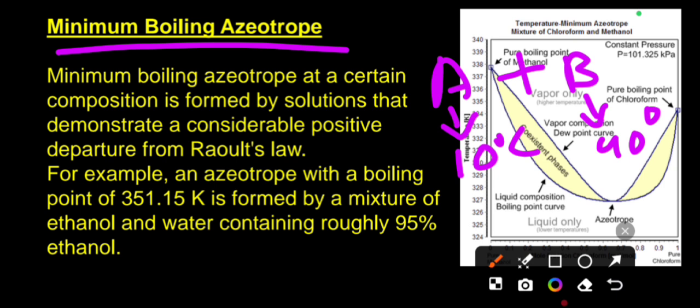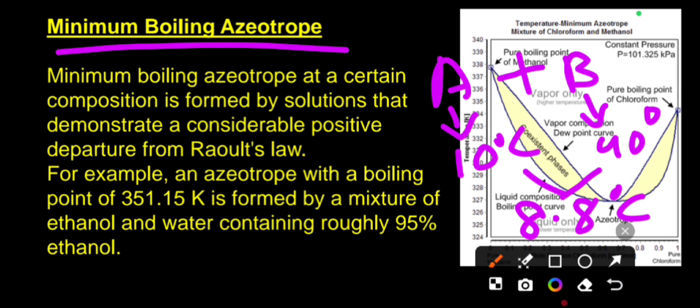Before mixing, they had 10 and 40 degrees Celsius, but after mixing at a particular composition, you now get a boiling point less than both temperatures. Suppose you get 8.8 degrees Celsius. This value is less than both, 10 and 40 degrees. This is called a minimum boiling azeotrope.